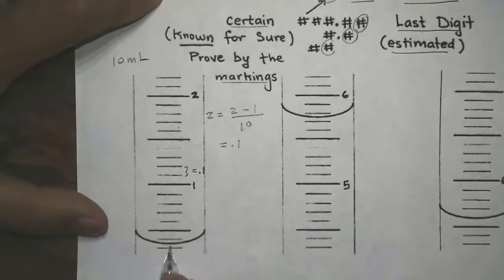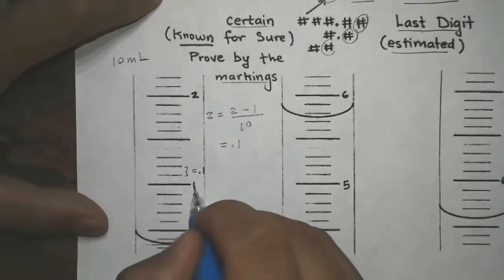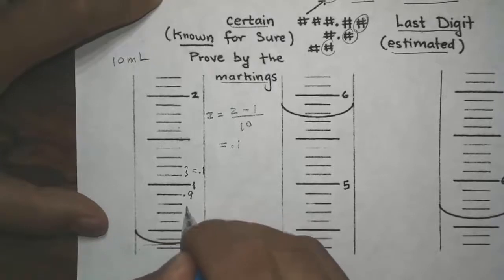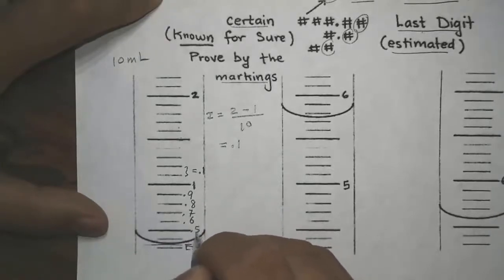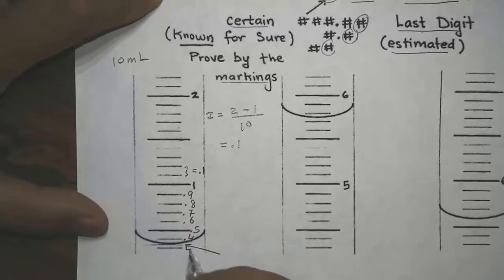In this case, our measurement is right here. Okay? And this is our meniscus level. That's where our reading is going to be. So here we have 1. This must be 0.9, 0.8, 0.7, 0.6, and 0.5, and 0.4, and then we have 0.3.